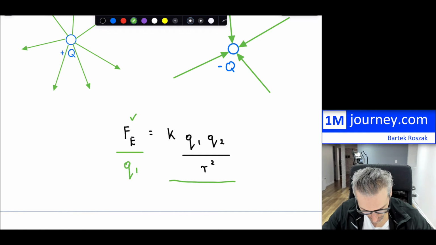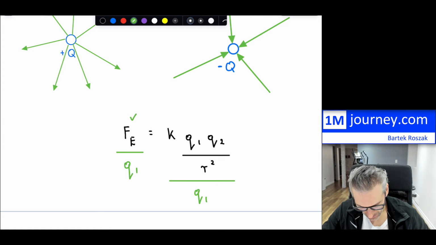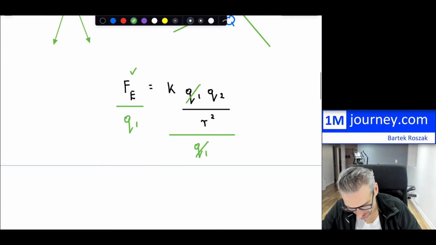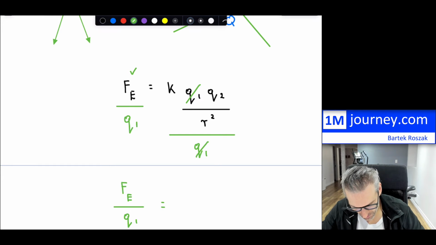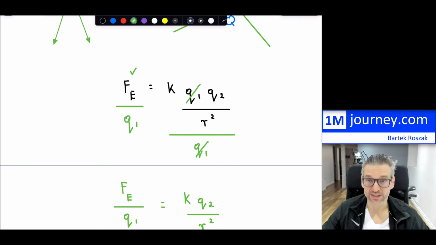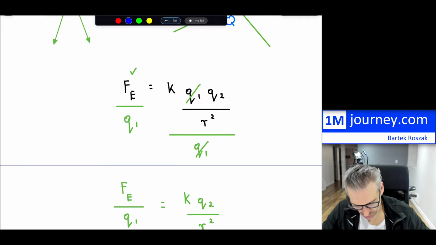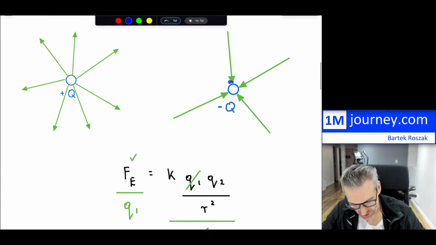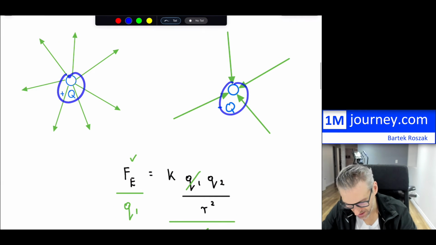So I can divide both sides by Q1 in here, and this would of course remove this, and what we would get as an equation is the actual force present on the charge Q1, equal to just K times the charge that is present right there, over the radius, or the distance in between, where this Q2 is nothing else but just this Q that is present. So that's what that Q is.